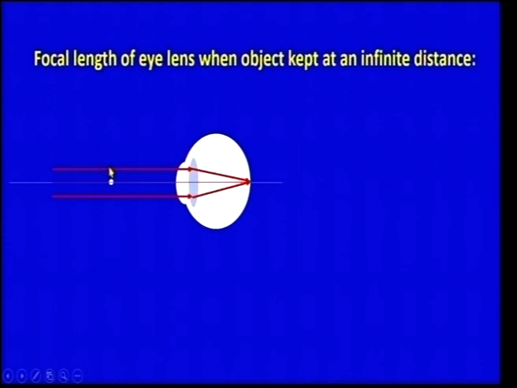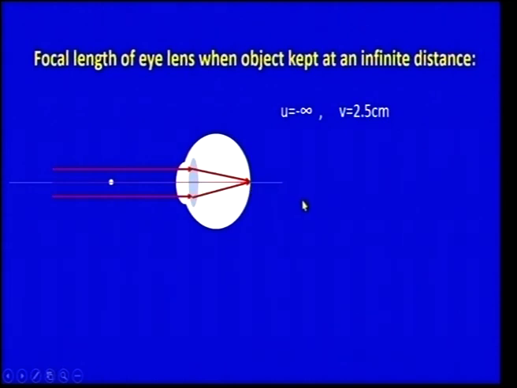Observe this ray diagram. The light rays are coming from the longer distance, parallel to the principal axis, incident on the eye lens and form the image on the retina. For this situation, the object distance is taken as infinite, and the image distance is equal to 2.5 centimeters, which is constant, the distance between the eye lens and the retina.